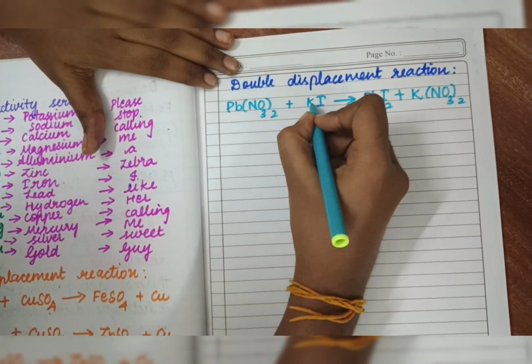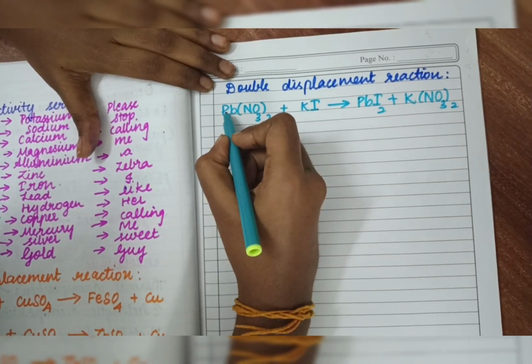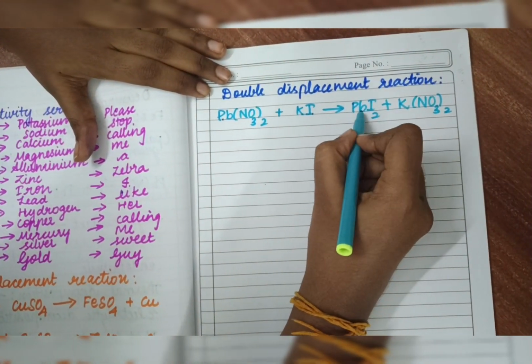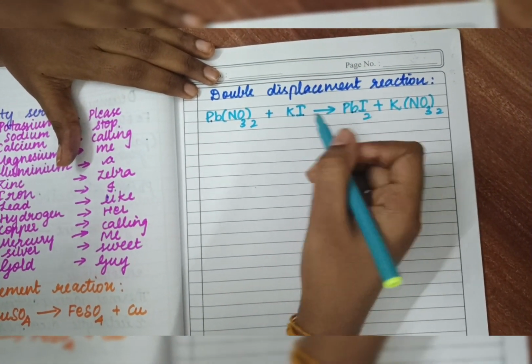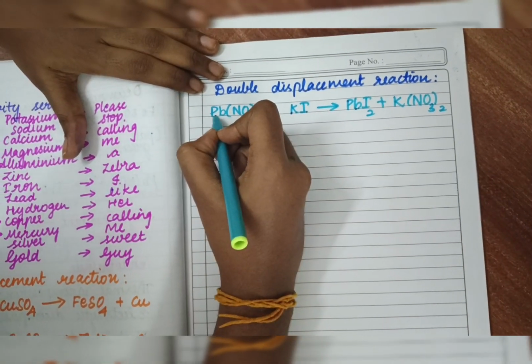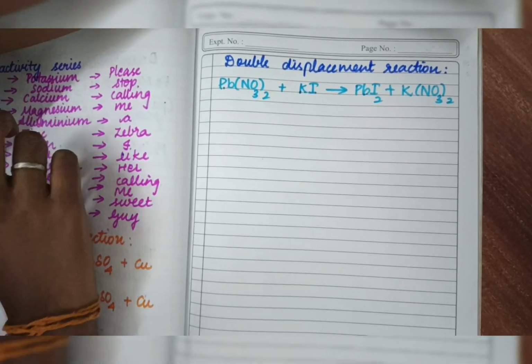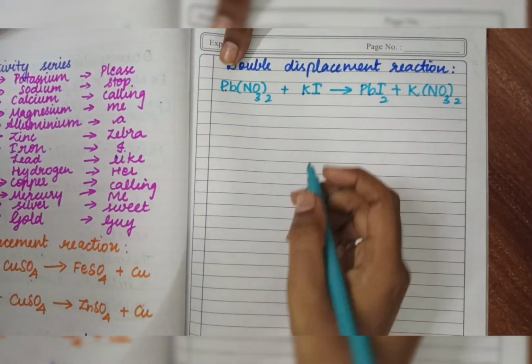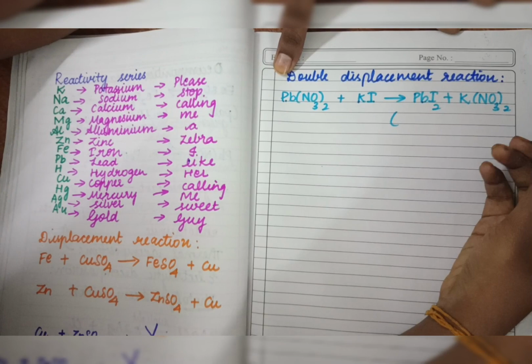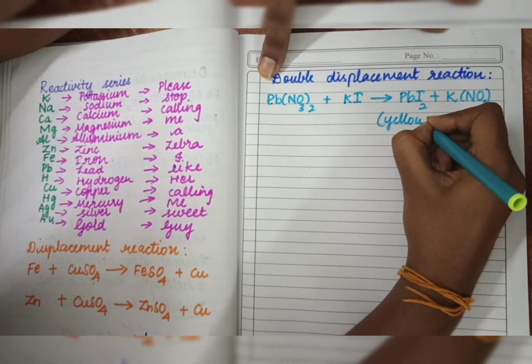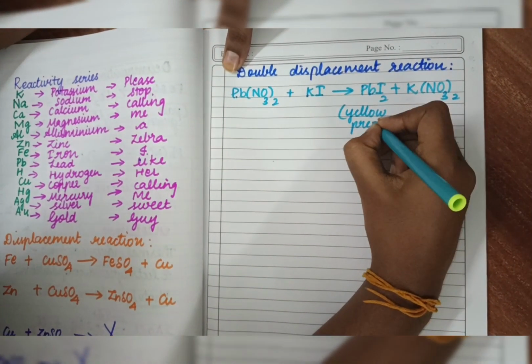So when lead nitrate reacts with potassium iodide, lead is replacing potassium and taking its place, whereas potassium is taking the place of lead. So both the molecules are shifting their place, right? So we have already studied this reaction, right? We also observed a yellow precipitate forming.